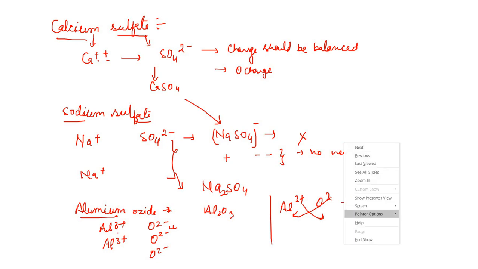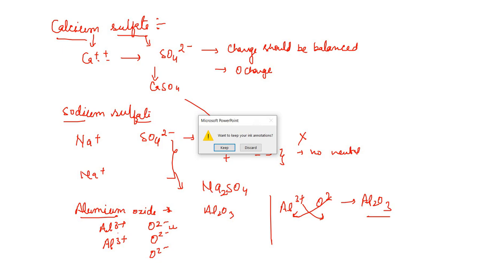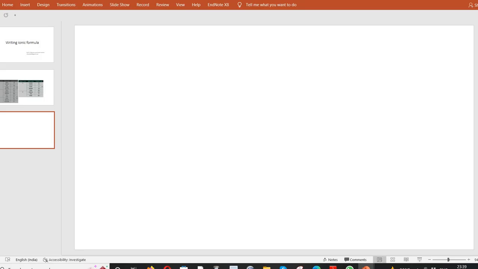Okay, let's practice some more questions, which I'll write here and you can solve. Suppose I want to write the formulas of other names. Can you write the formula of sodium nitrate? You can write the formula and leave a comment.